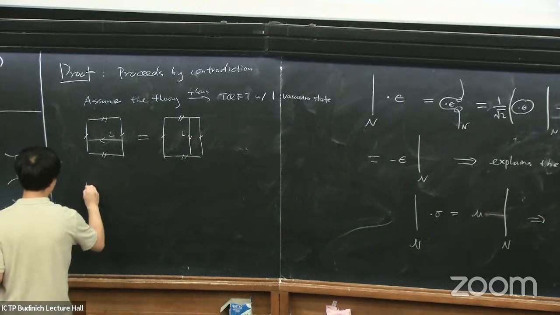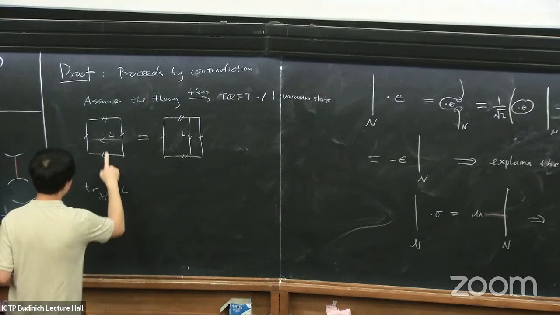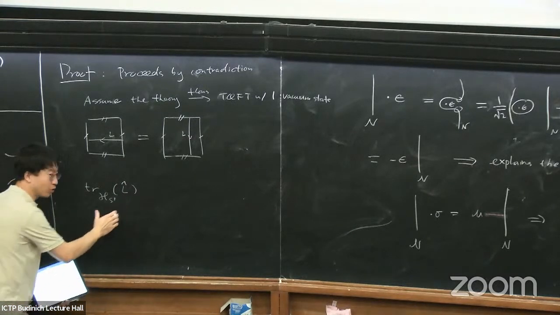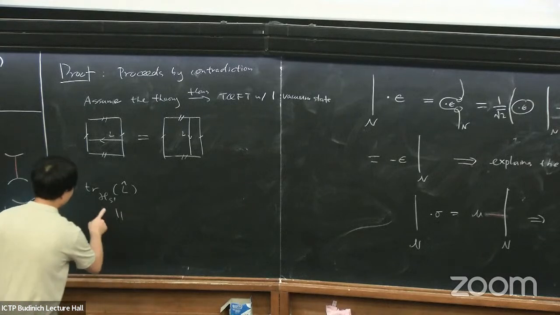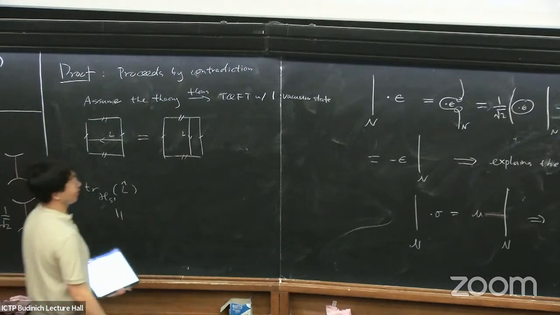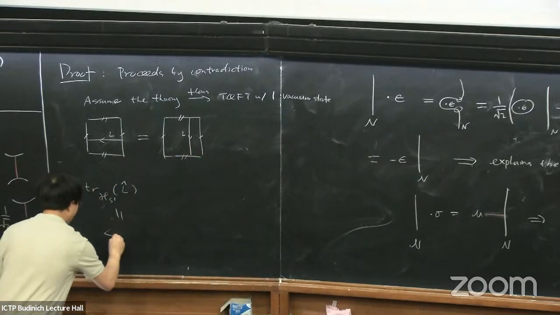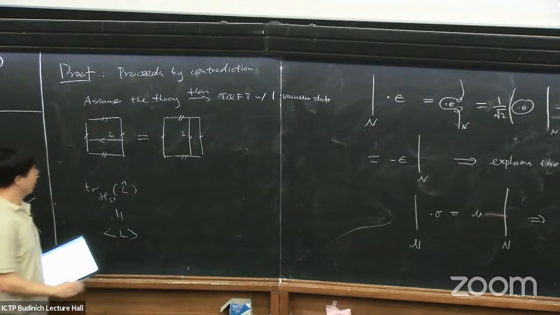On the left-hand side, we have a trace over the Hilbert space on S1, okay, twisted by this insertion, the same L as before. Because the TQFT Hamiltonian is trivial, you literally just get a trace. There's no non-trivial q dependence, okay. And because there's only one state in this Hilbert space, this just gives you the number, and that's nothing but the VEV of this line operator.